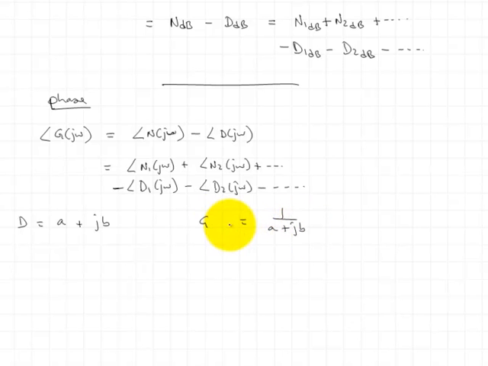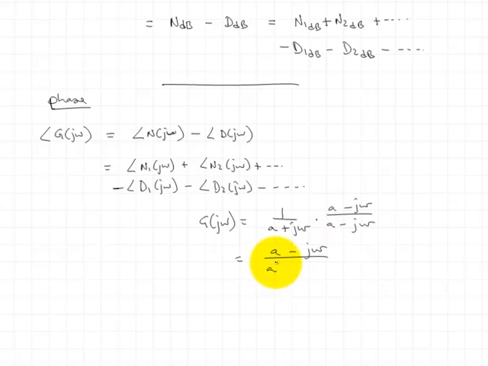Now I have g of j omega. Let's do it this way. I'll leave omega in there, okay? So g of j omega is equal to 1 over a plus j omega. And let me do a little arithmetic on it. Let's multiply this by a minus j omega over a minus j omega, and let's complete the square on the bottom. So we'll have a minus j omega on the top, and on the bottom we'll have a squared.